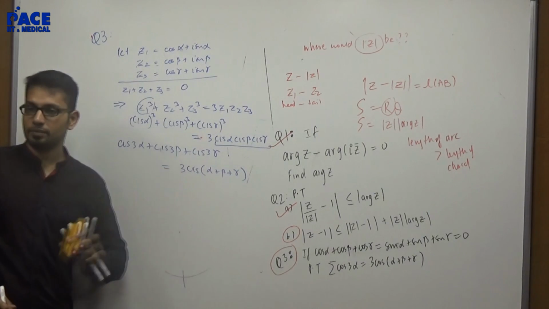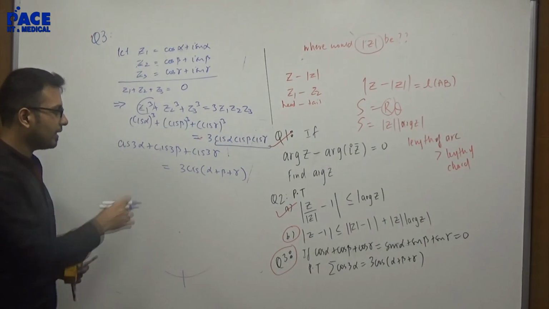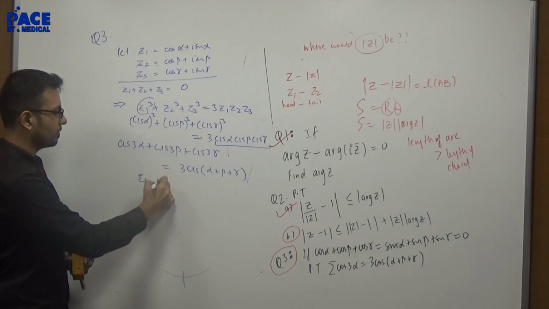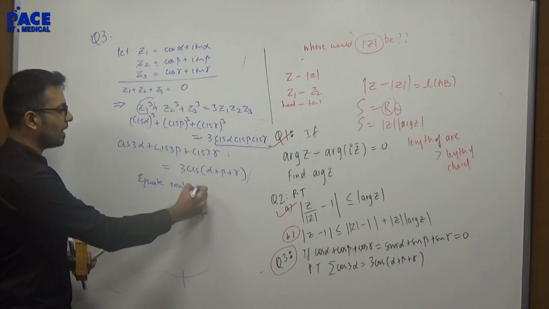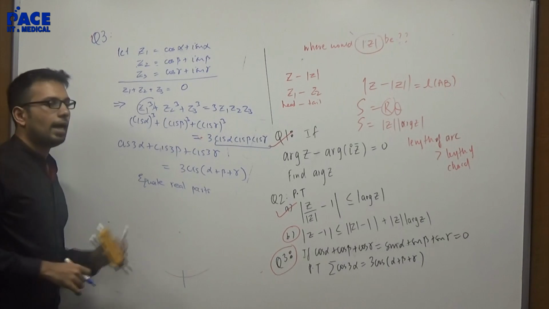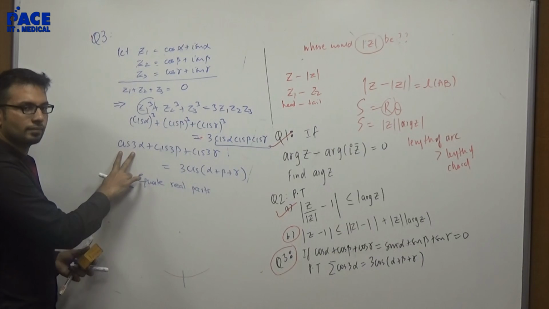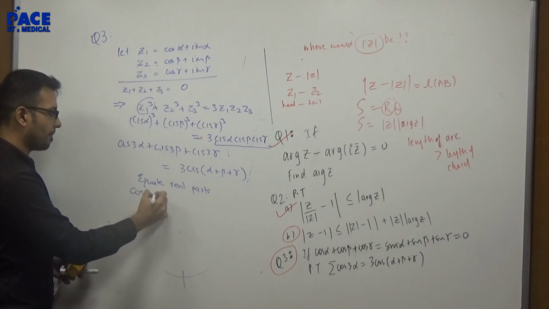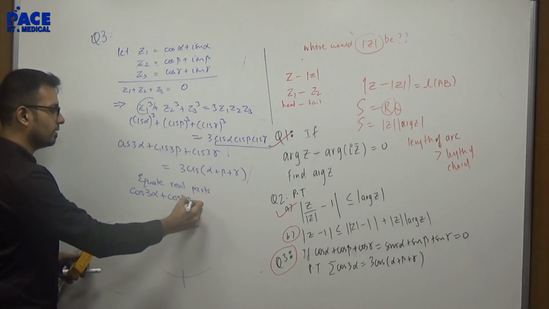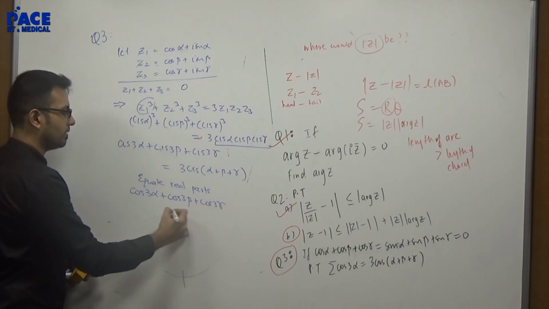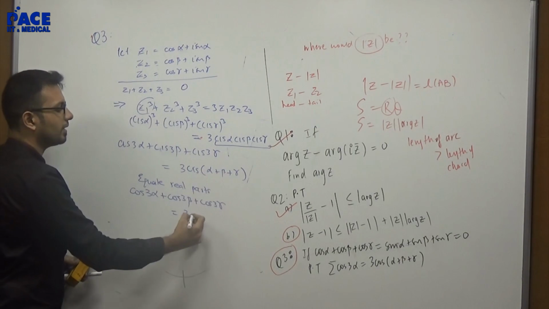We get this relationship. Now what we will do? We will equate their real parts. And you can also equate their imaginary parts. So इसका real part क्या है? Cos 3 alpha plus cos 3 beta plus cos 3 gamma is 3 times इसका real part है.